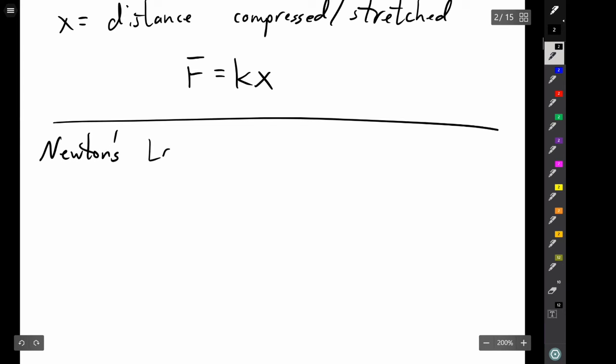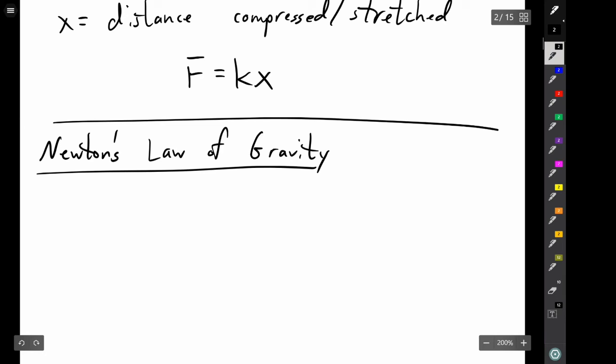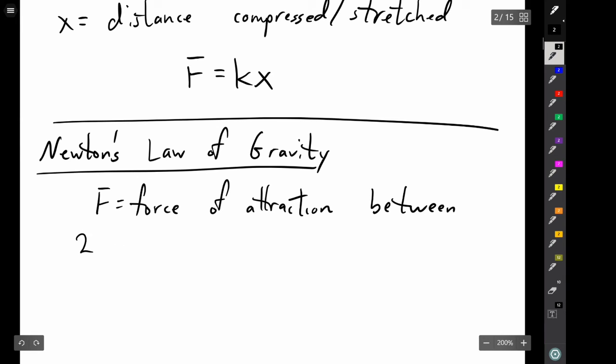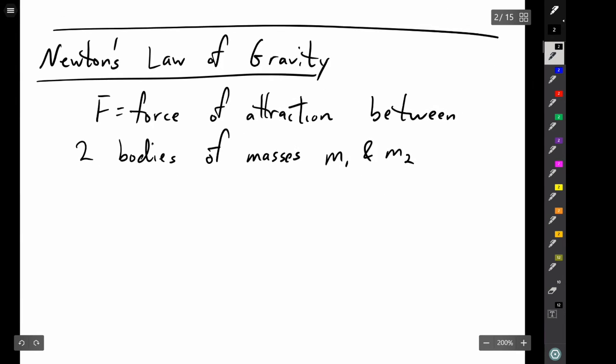Another one you might be familiar with is the law of gravity. So Newton's law of gravity. So here, F is going to be the force of attraction between two bodies of masses m1 and m2, right?